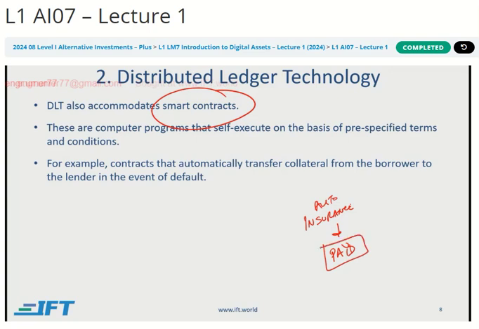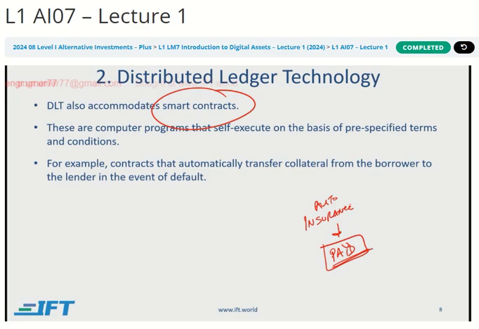As you turn the car on, there is an electronic smart contract initiated between your car and the insurance company: please activate my insurance. And when you turn the car off, the insurance is finished. So you only pay for the duration that you're driving. You don't get the insurance for the full year. I'm just giving you an example of the use of smart contracts. Of course, there are a lot of other uses going on.